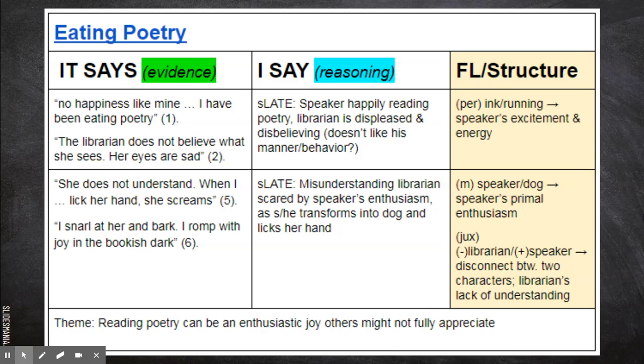That really contrasts the librarian and the speaker. And these notes here, personification, metaphor, juxtaposition, those notes really helped me arrive at my final theme, which was ultimately reading poetry can be an enthusiastic joy that others might not fully appreciate. These notes gave me a sense of the speaker's excitement, but also his disconnect from the librarian.